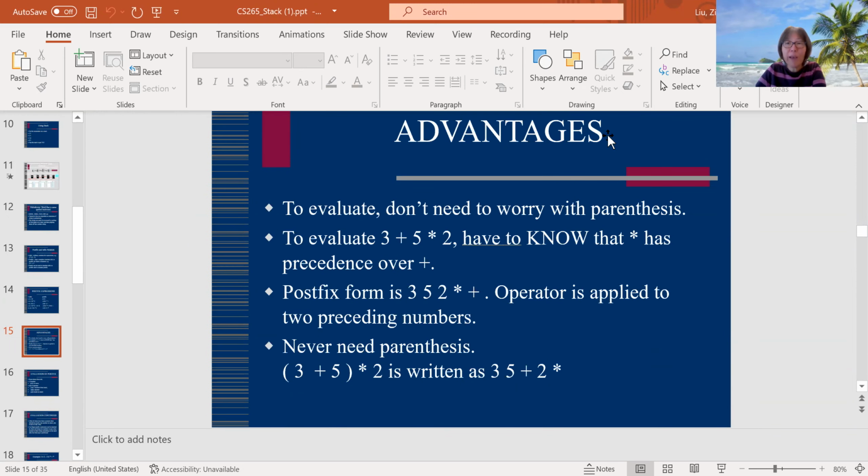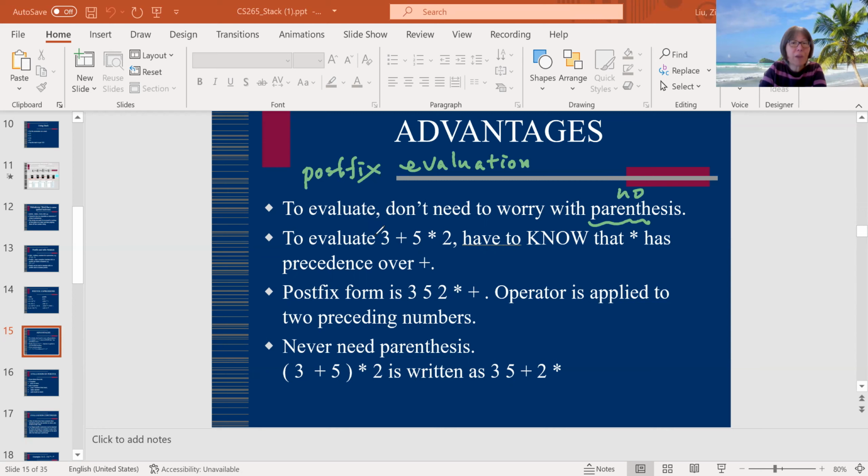Okay, and then next, let's see. Over here for postfix, we are going to discuss postfix evaluation. And for postfix, no parentheses.